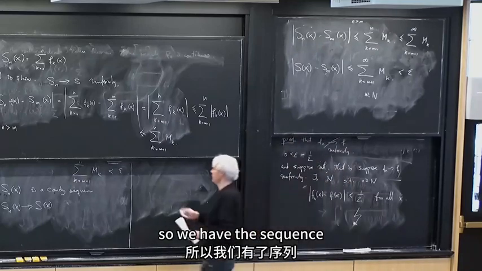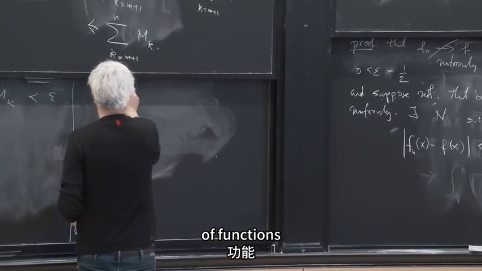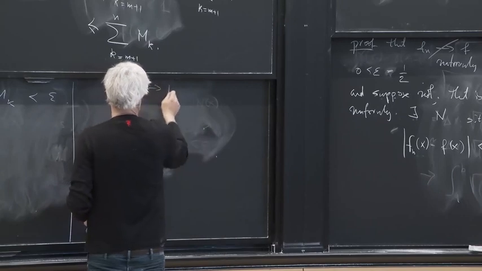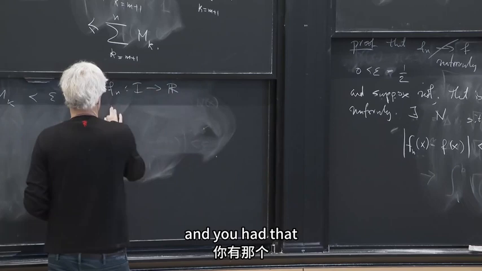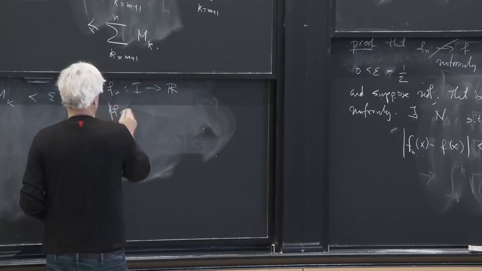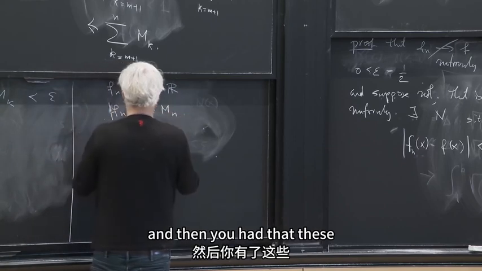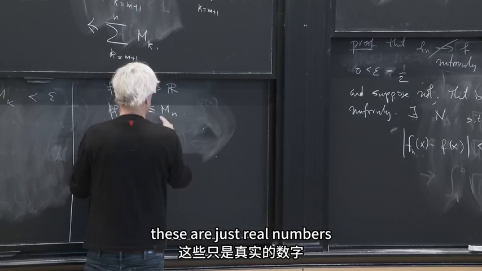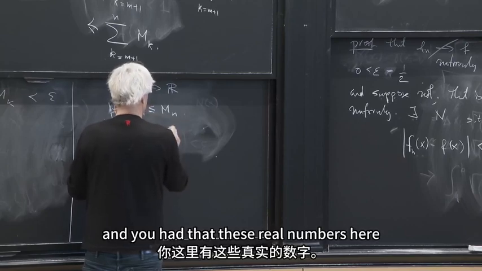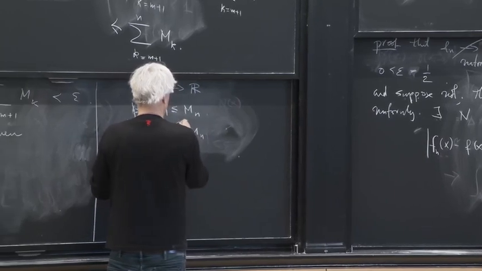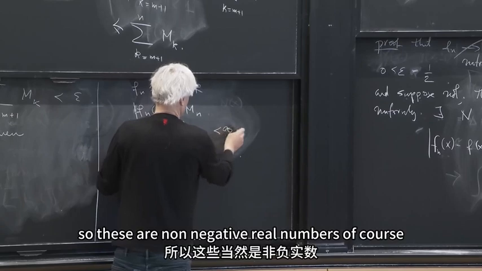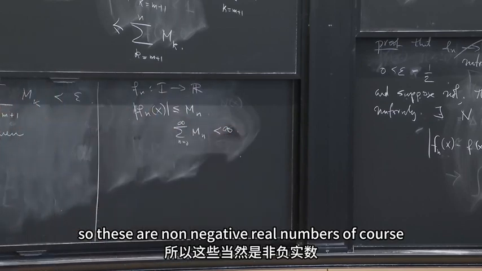So we have this sequence of functions on an interval, and you had that these functions were bounded like this. And then you had that these are just real numbers, and these real numbers were summable. So these are non-negative real numbers, of course.